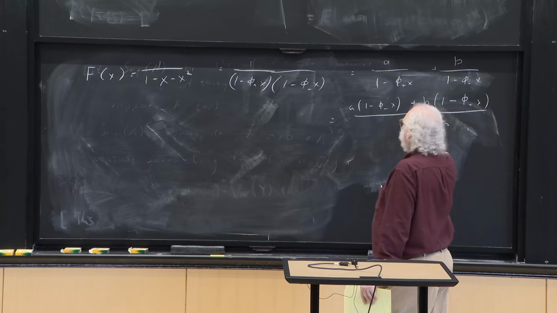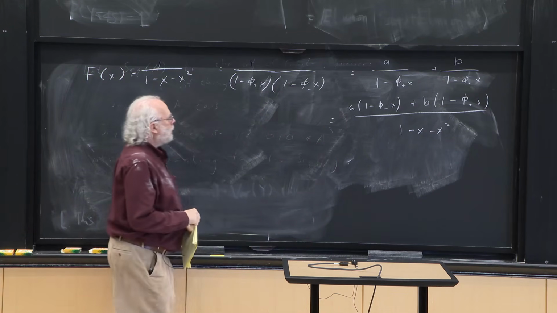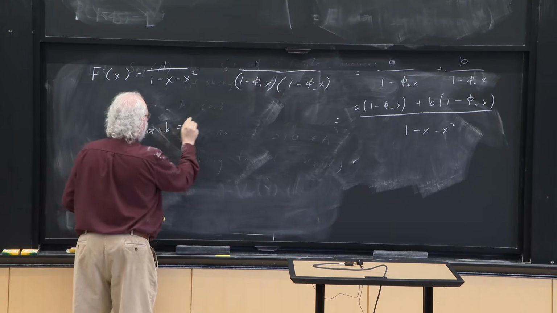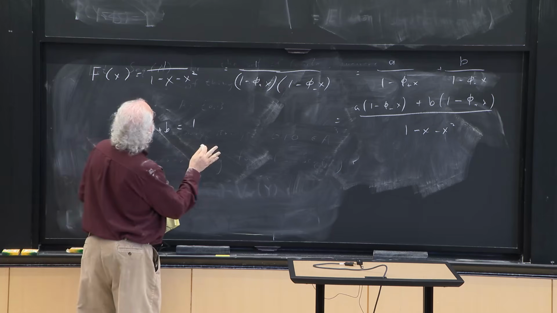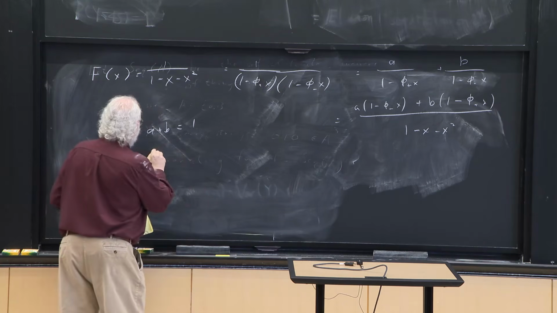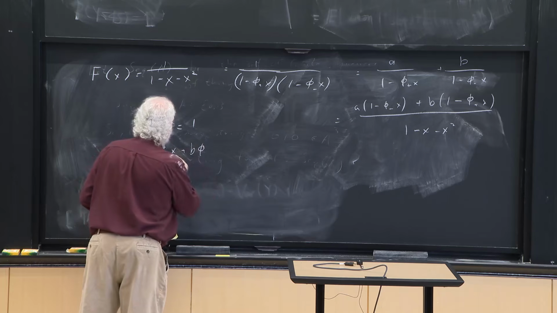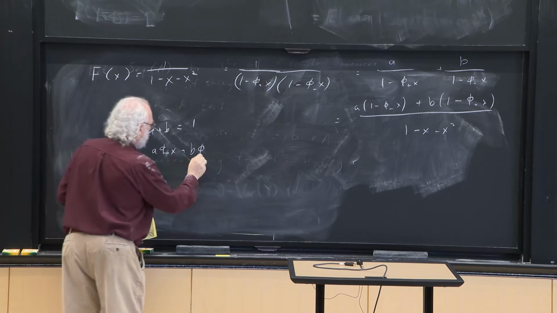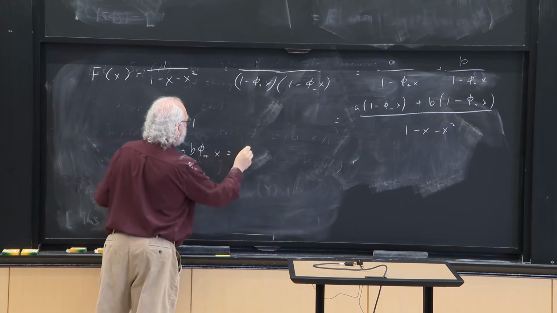So now we have this is equal to this. So this gives us two equations. We have a plus b equals 1, and a phi minus x plus b phi plus x equals 0x.